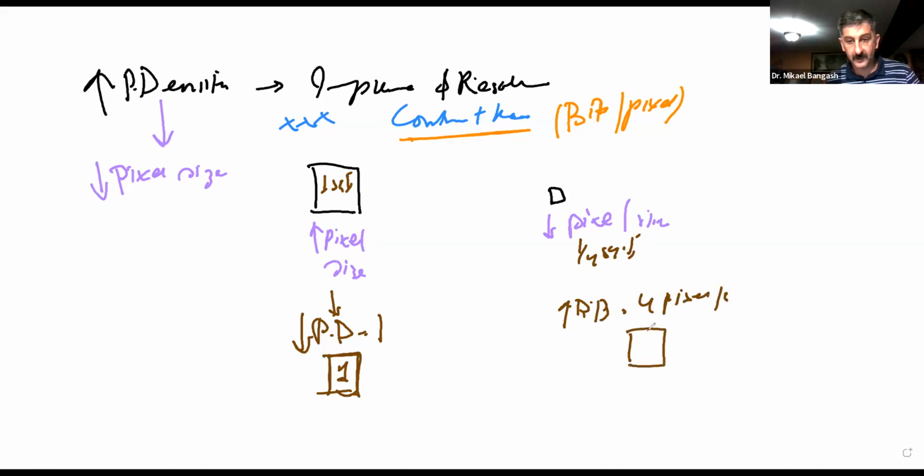This was 1 square inch, but you were able to have 4 pixels in it. The contrast resolution is going to be solely determined by how many bits we have in this pixel.